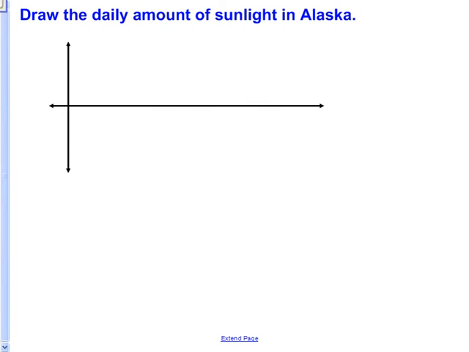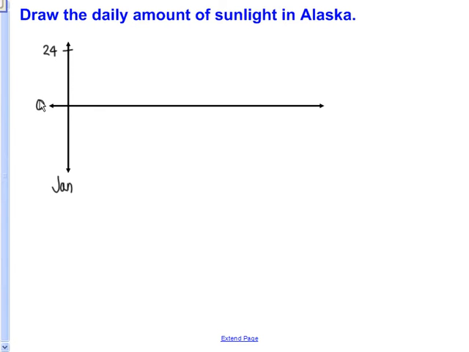How about the daily amount of sunlight in Alaska? Well, sometimes they have 24 hours of sunlight, and sometimes they have no sunlight. So they're going to go from 0 up to 24 hours. So let's start it in January. Well, it's actually December 21st or something like that, the winter solstice, whatever that word is.